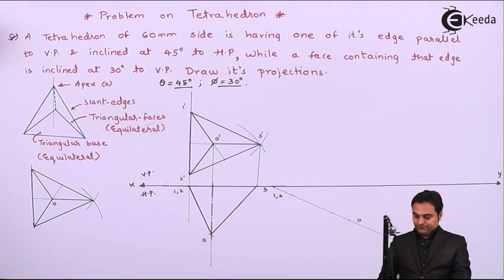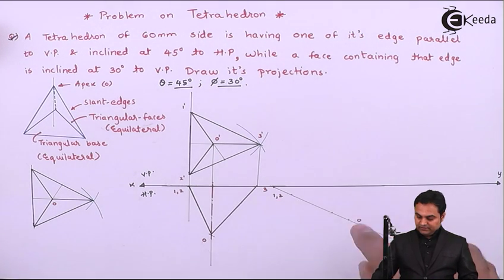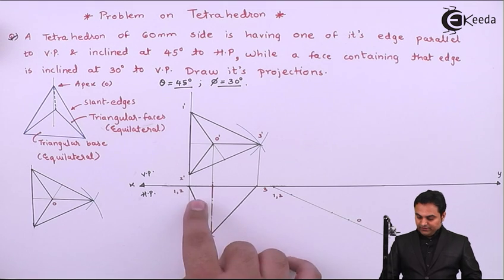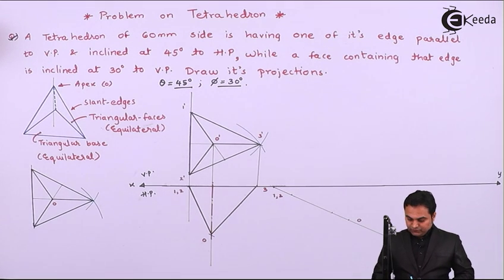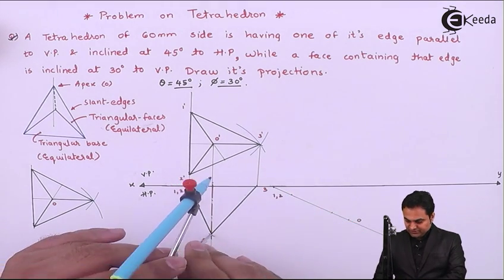For that, since it is inclined, now I require the remaining edges. So for that, from the apex up to point 3, I'll measure this distance.